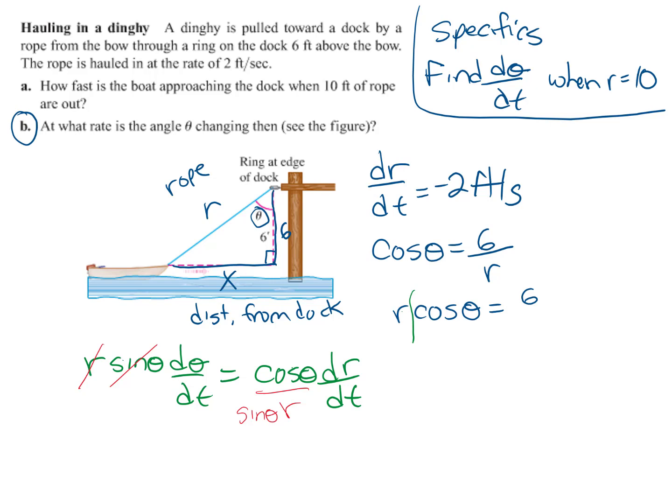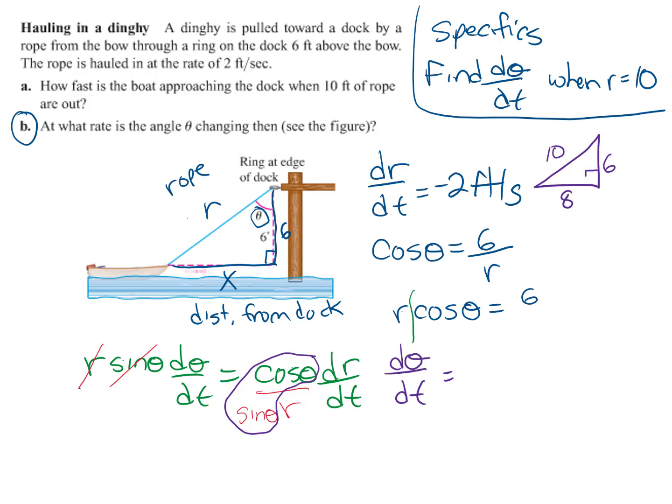Okay, now we're ready to look at our specifics. We're going to find dθ/dt when R is 10, and this is cotangent, cosine theta over sine theta. So let's look at the triangle, and when R is 10, so we're looking at a specific case in the triangle. When this is 10 and this is 6, I recognize this is a 3, 4, 5 doubled right triangle, so that's 8.